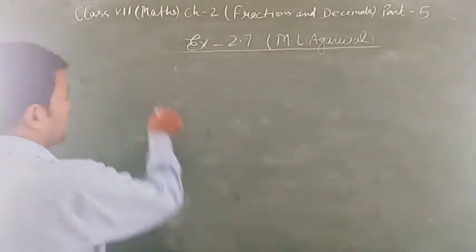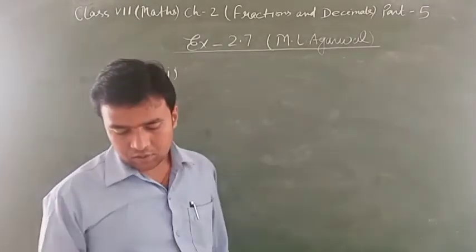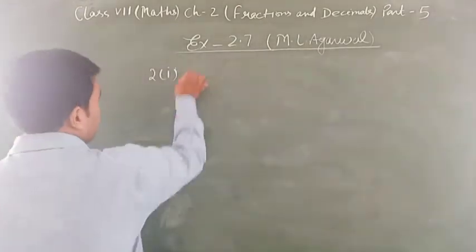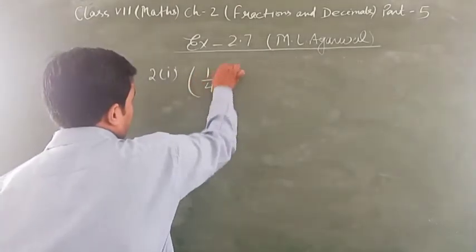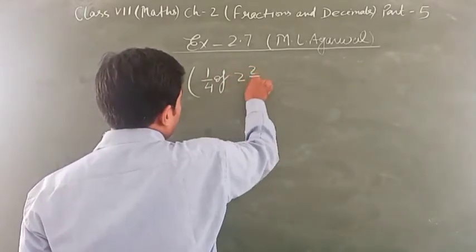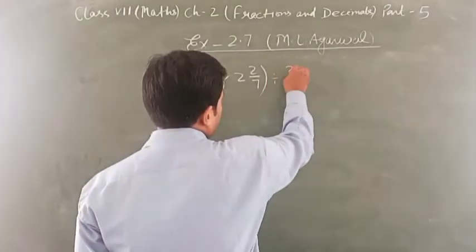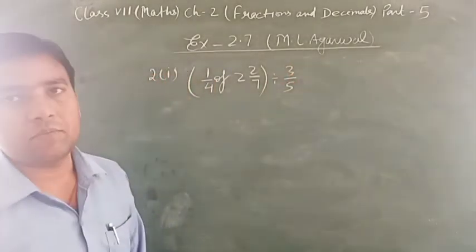Second question. 1 by 4 of 2 whole 2 by 7 divided by 3 by 5.